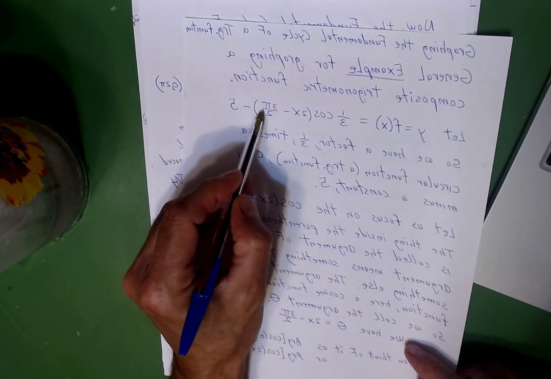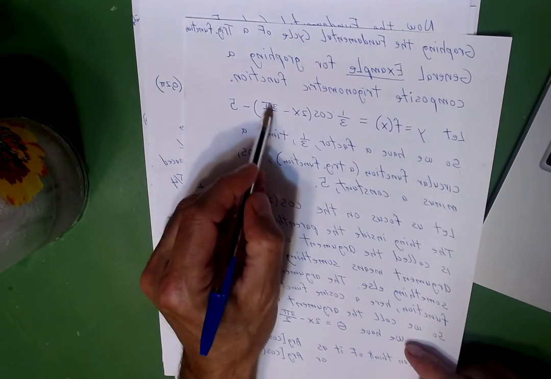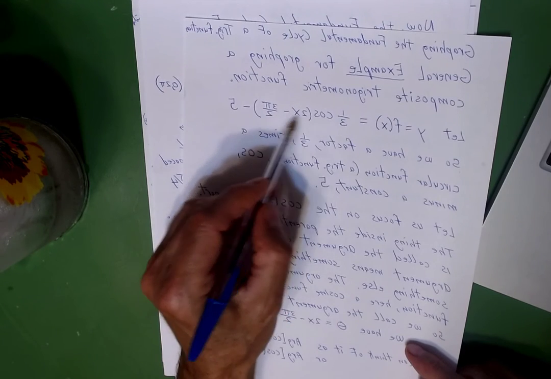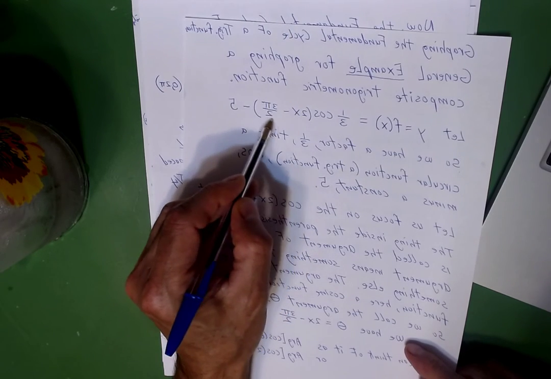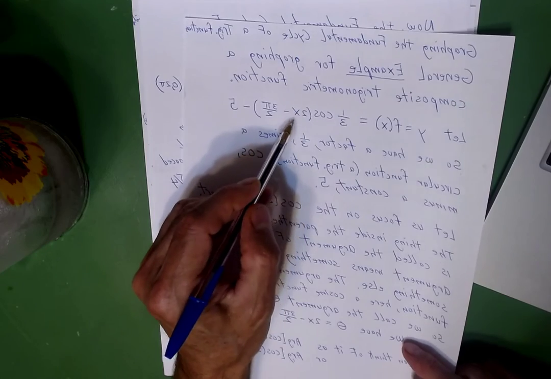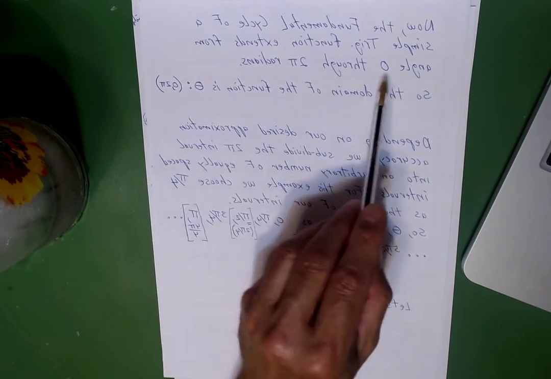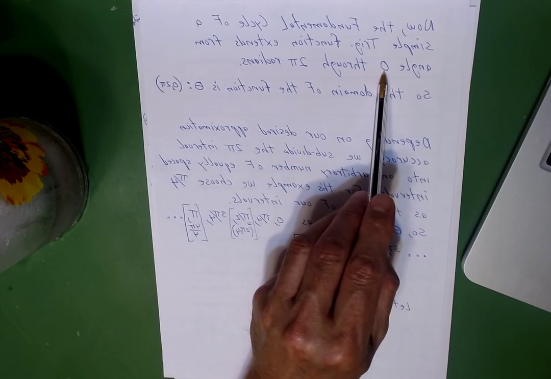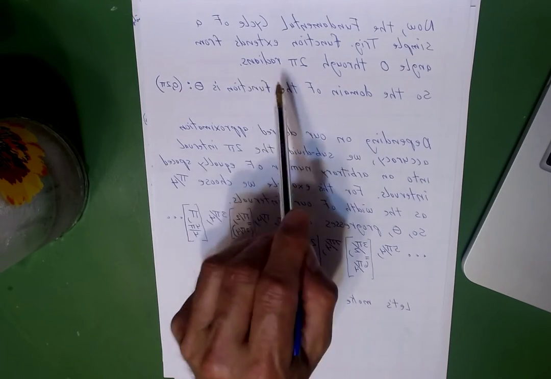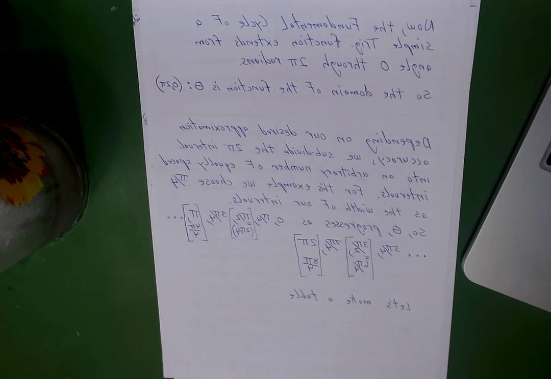So this argument is equal to theta. The argument of a trig function always represents an angle. So this whole thing is theta, and we know that theta is going to extend from an angle of 0 through 2 pi radians for one full cycle, or one complete rotation, right? So that is a fundamental cycle.